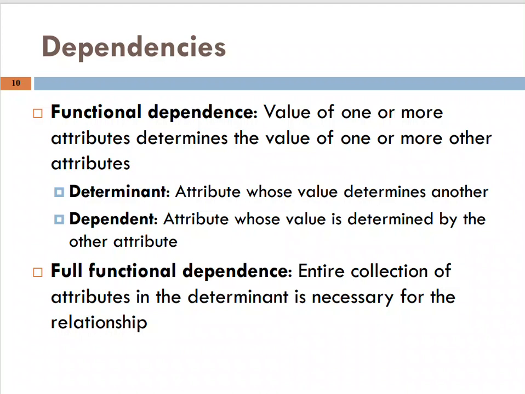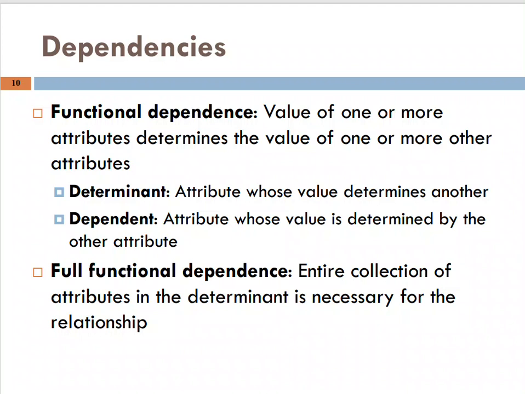Jadi dalam kes ni, ni adalah satu contoh full functional dependence, maksudnya keseluruhan. Combination of first name and last name is needed, is necessary to determine the CGPA. Okay, tapi kalau kita ambil metric number sahaja, it is functional dependence.